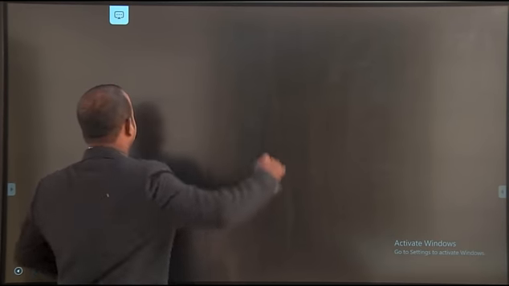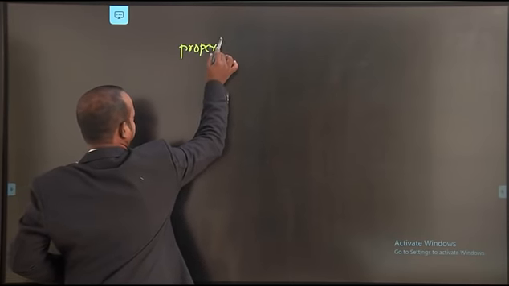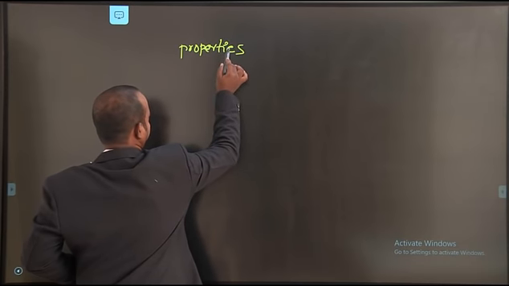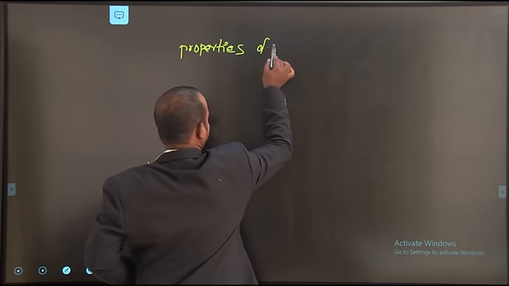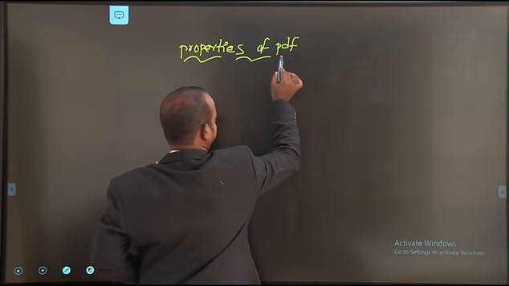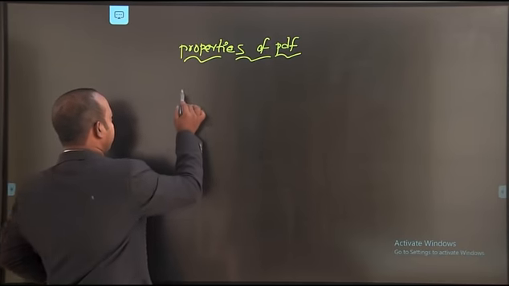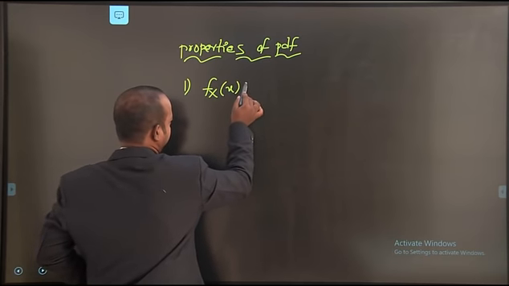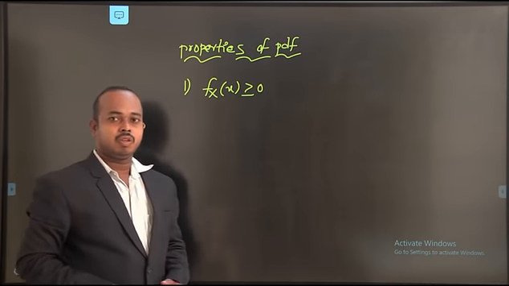The first property of the probability density function is fx of x greater than or equal to 0.